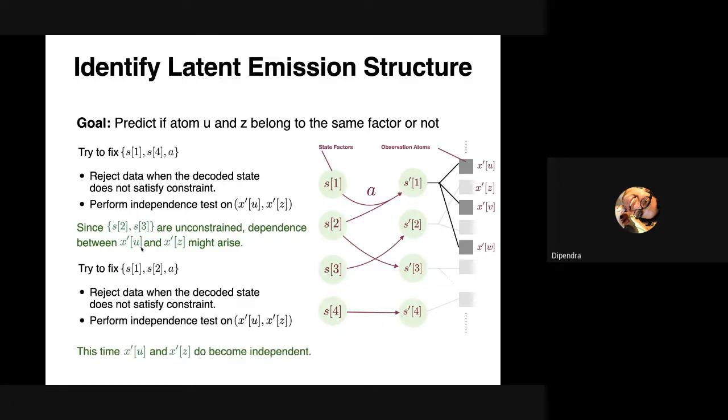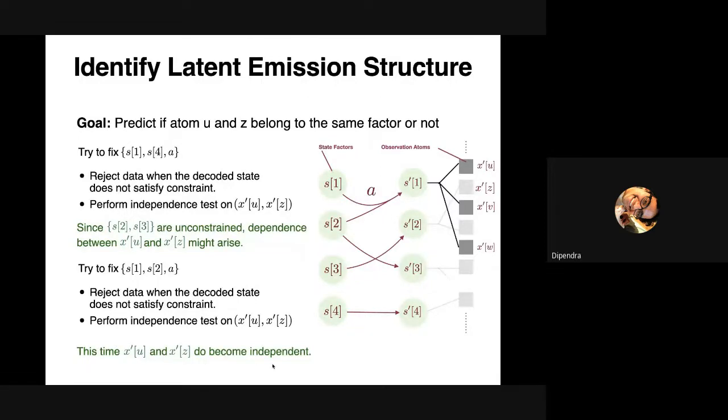But now we will try S1 and S2 at a different time, and we will repeat the same process. This time, because S1 and S2 are fixed, X prime U has now become independent of X prime Z. So this time we will declare them as independent.